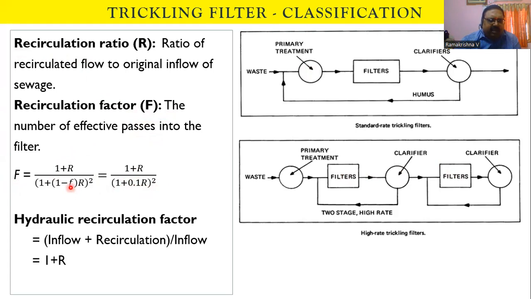Earlier, they had one more constant, so this is simplified for practical use for sewage, where R is the recirculation ratio.